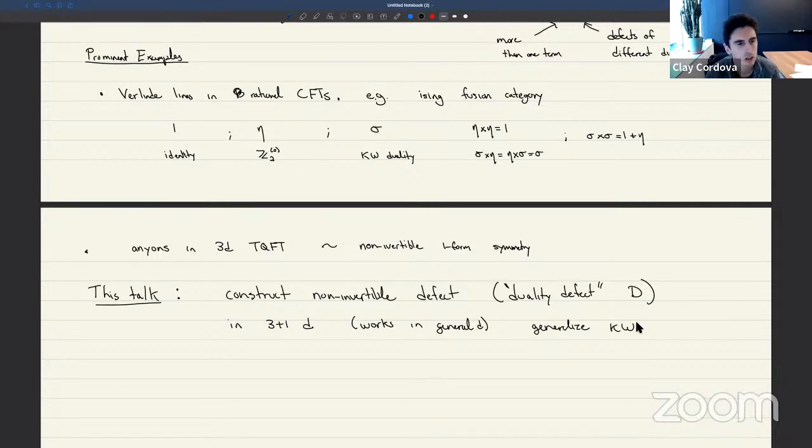So what we'd like to do is construct these defects, explain how to compute their fusion, and give a couple examples. And if there's time, maybe I'll say one or two dynamical consequences, but I doubt there will be time. Okay, so that's the plan.